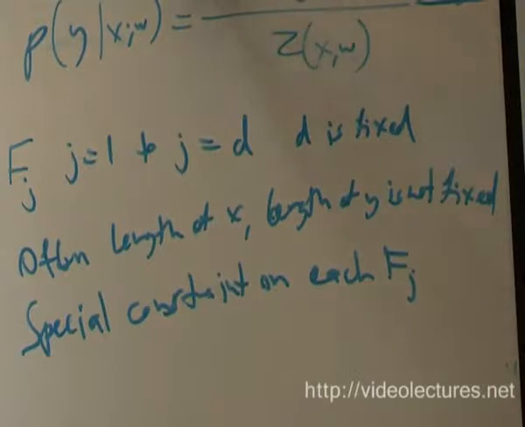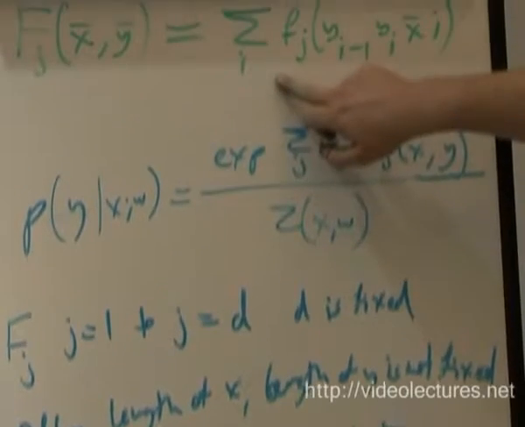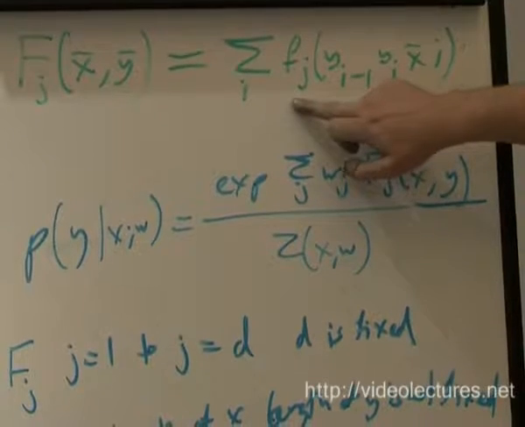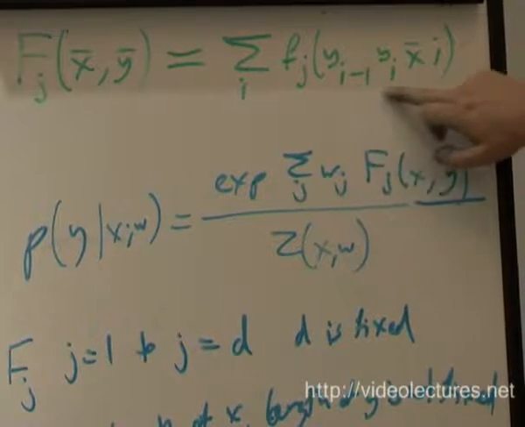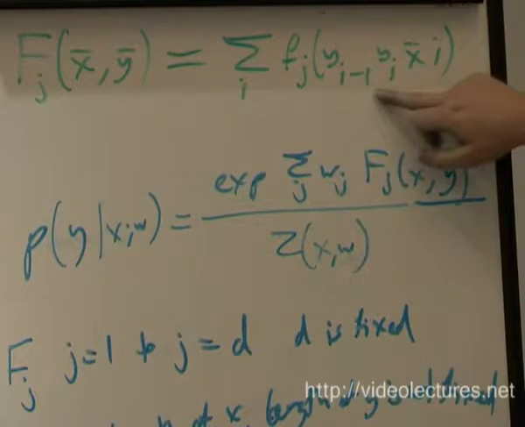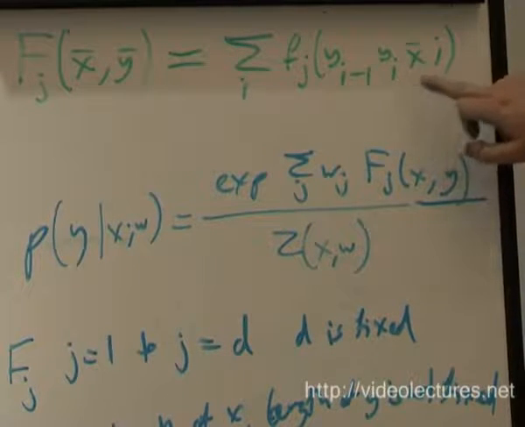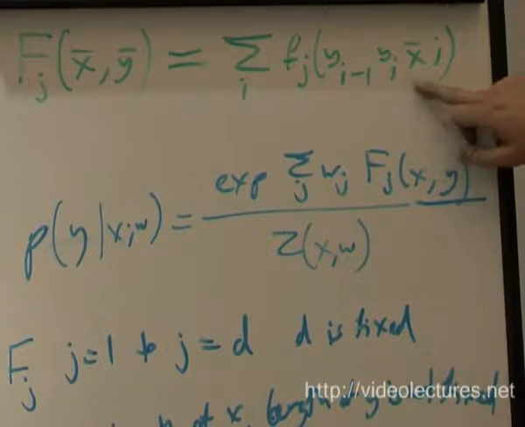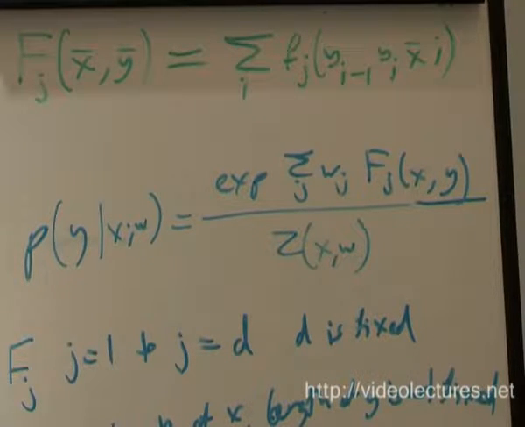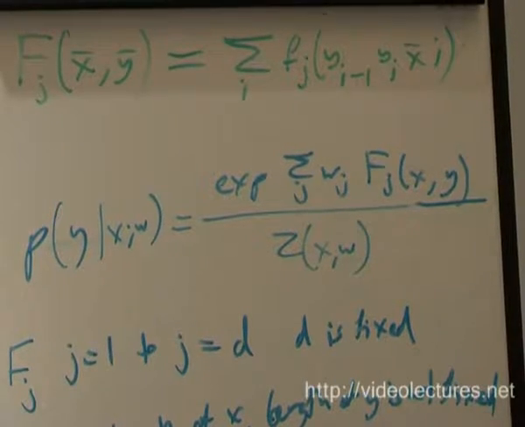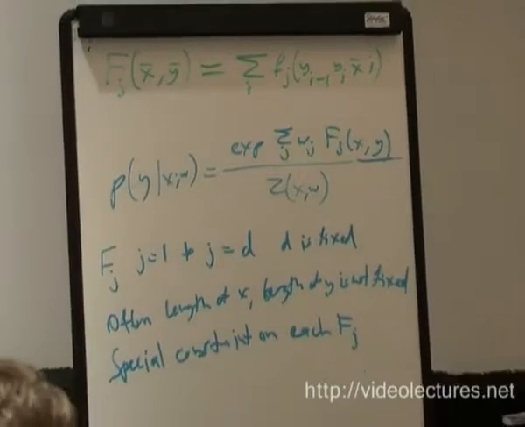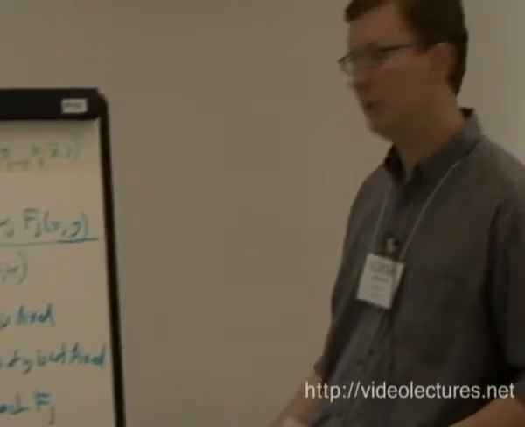So fj of xy is the sum over the length of x of little fj and then two neighboring values in the label sequence, and then the input x bar, and then the position i. But that essentially would be unchanged if you expand the length by 1.